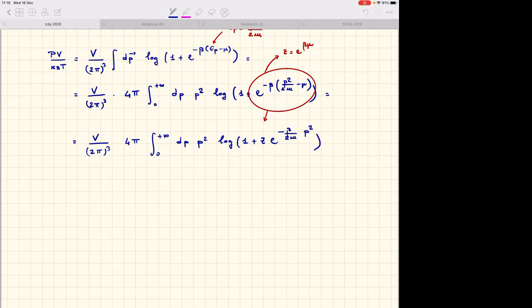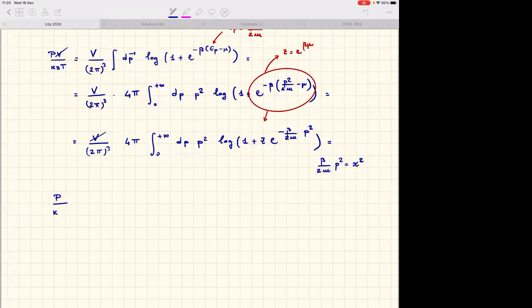Now let me set beta over 2m p squared equal to x squared, changing variables in the integration. Since I have a V on both sides, let me eliminate it.